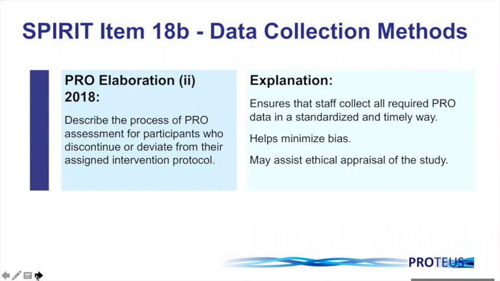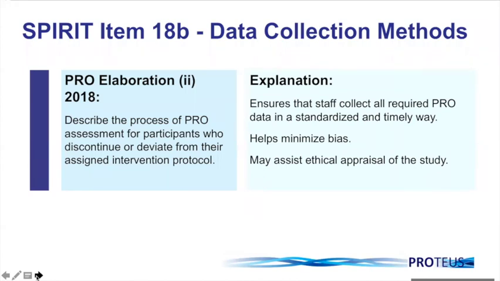And by having a plan and ensuring it's in the protocol, that means that staff at all different sites will collect all the required PRO data in a standardised and timely way, and they will stop collecting PRO data at the point at which that patient can no longer contribute data that is relevant to assessing the trial's PRO objectives.